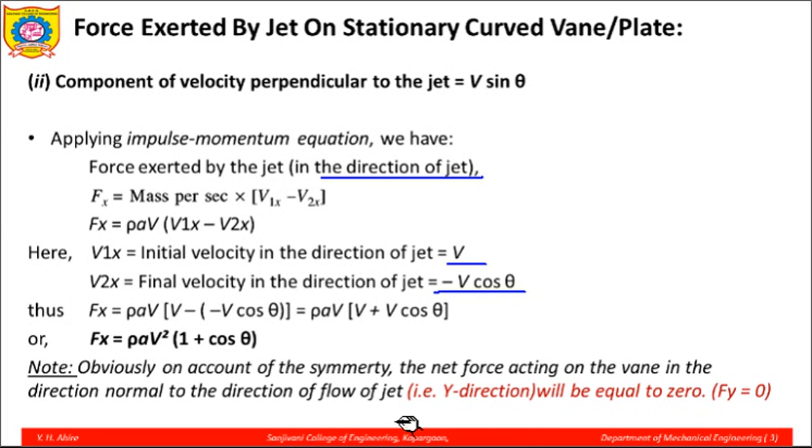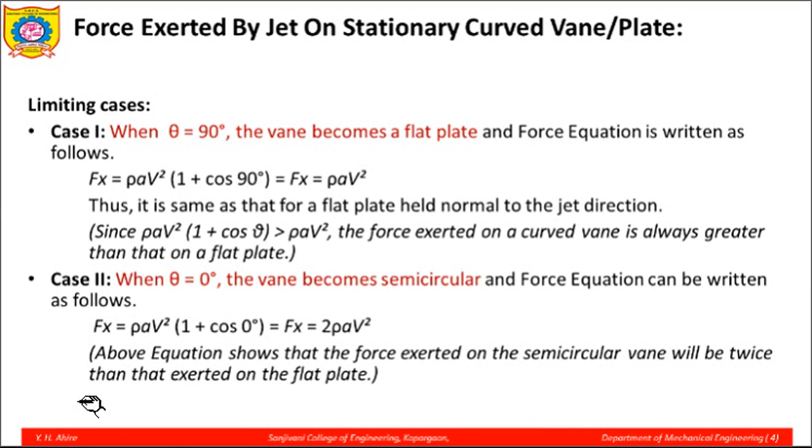The component of force, or the net force, in the y direction, that is Fy, will be equal to 0. You can derive that on your own, try to derive it.